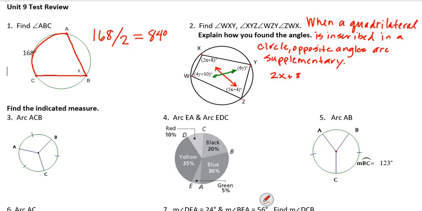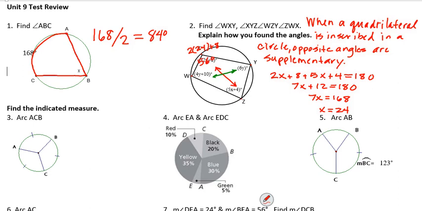2x plus 8 plus 5x plus 4 equals 180. So that's 7x plus 12 equals 180. So 7x equals 168, which means x is equal to 24. Then I'm going to plug that back into these angles. So 2 times 24 plus 8, so this angle up here is 56 degrees.